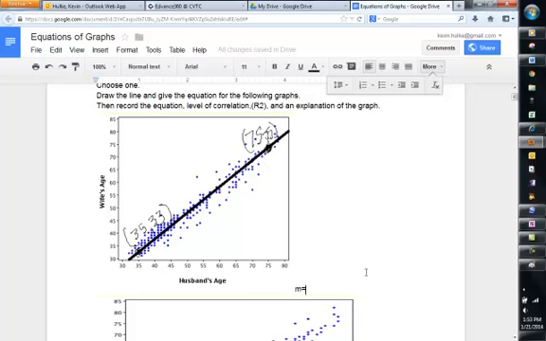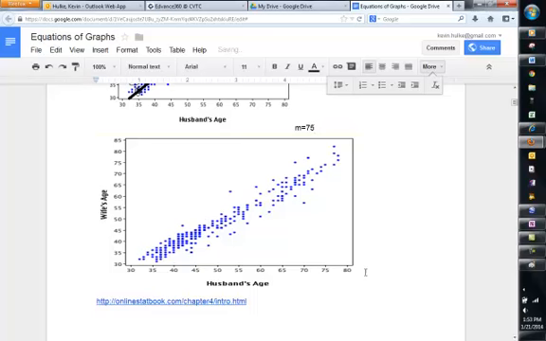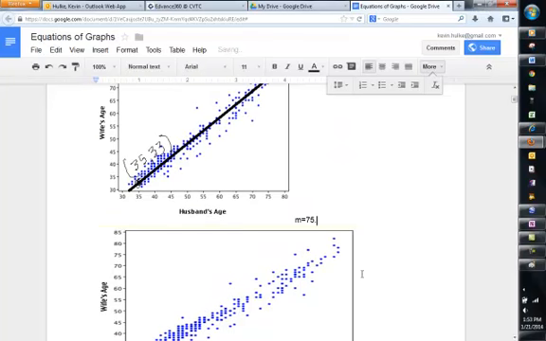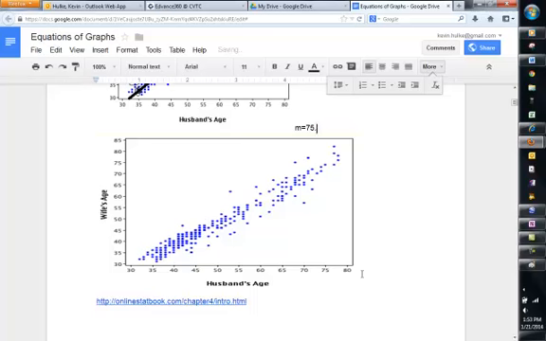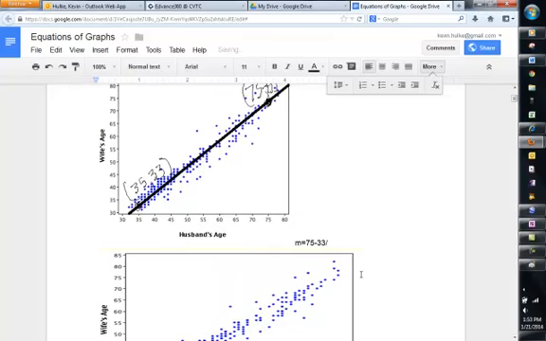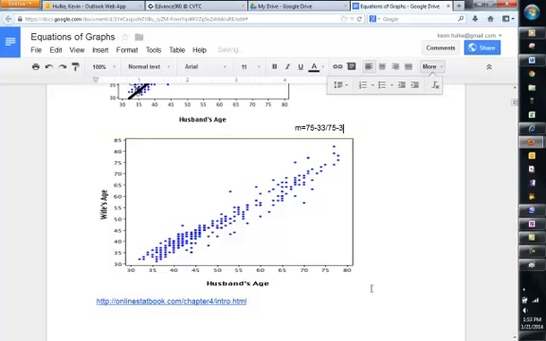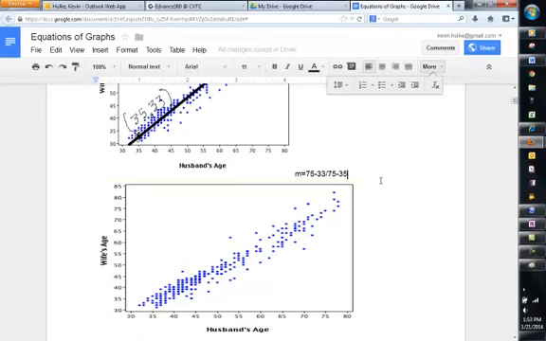So y goes from 75 minus, the y coordinate of the second one, 33, over 75 minus 35. And when you get that done, 75 minus 33 over 75 minus 35 is 42 over 40.